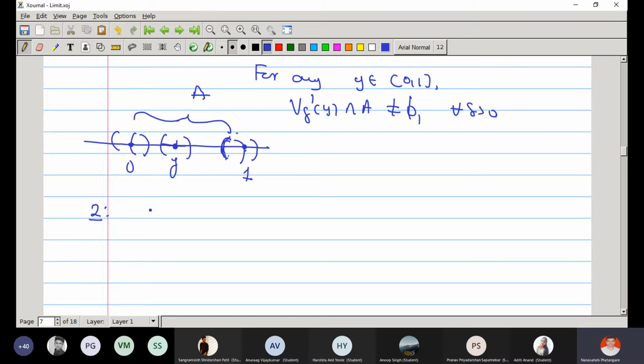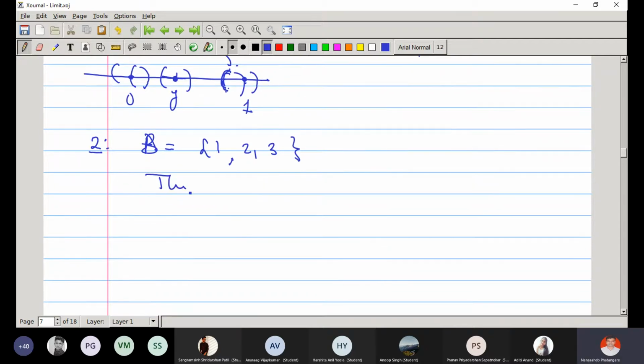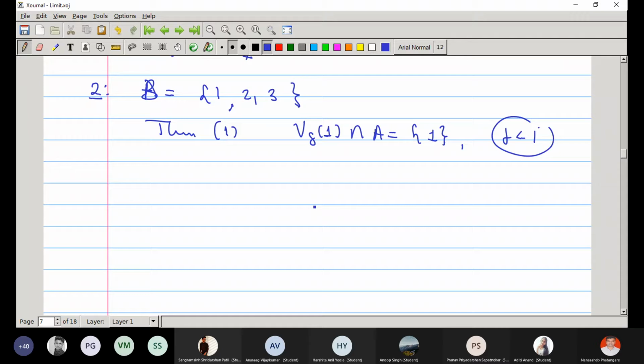Second point, if my set B is {1, 2, 3}, a finite three-element set, then what we found is that V delta 1 intersection with B is a single point if delta is less than 1, but the deleted neighborhood of 1 intersection with B is empty.